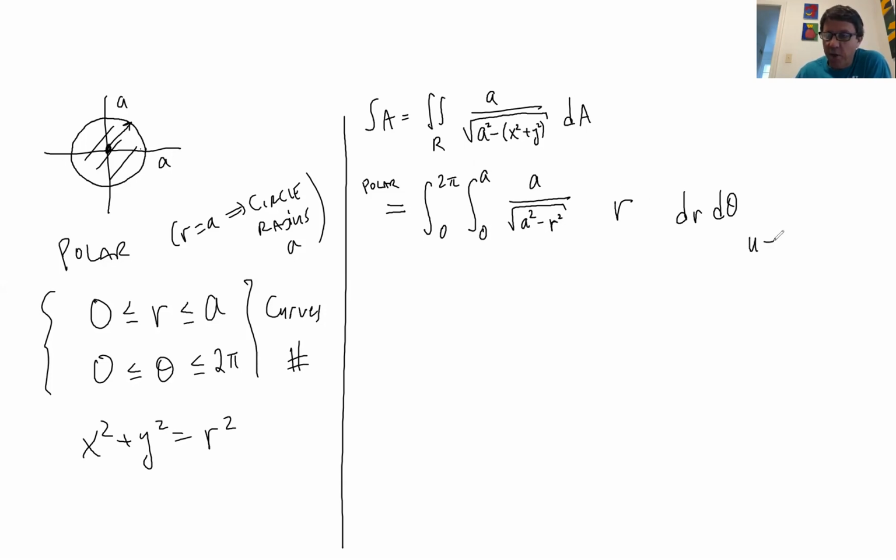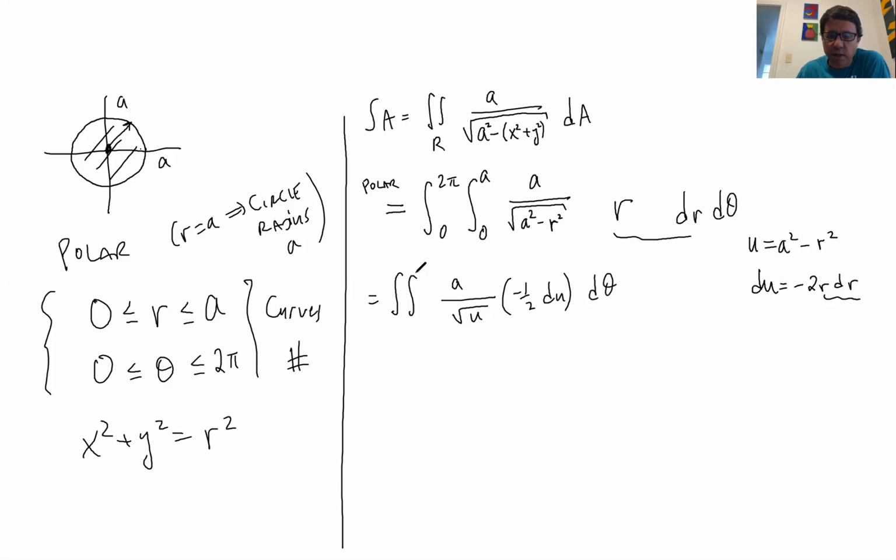So probably I want to do u equals a squared minus r squared. du is minus 2r dr. So when I plug this stuff in, I'm going to leave the bounds off for just a second. This will become the integral of a over the square root of u, and then the r and the dr will give me negative 1/2 du.